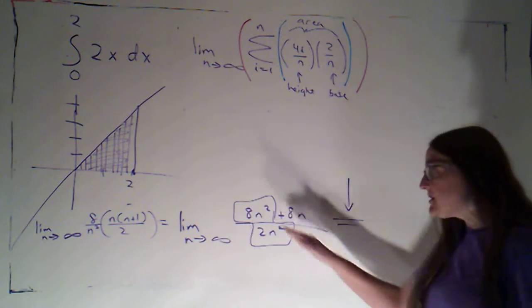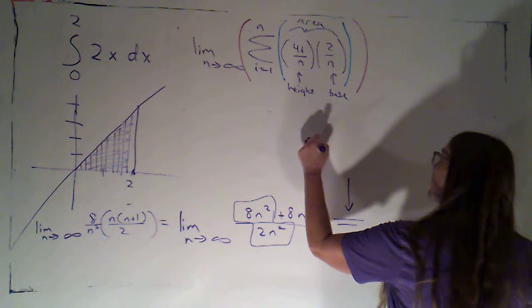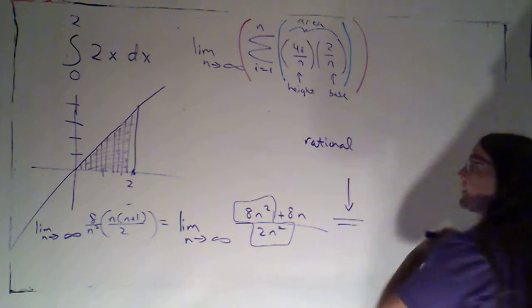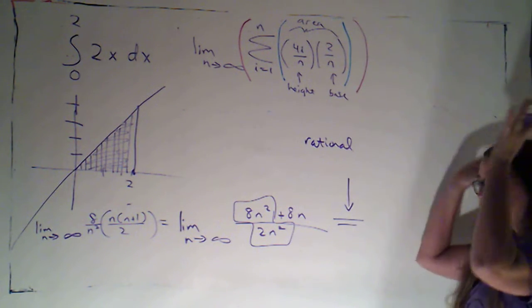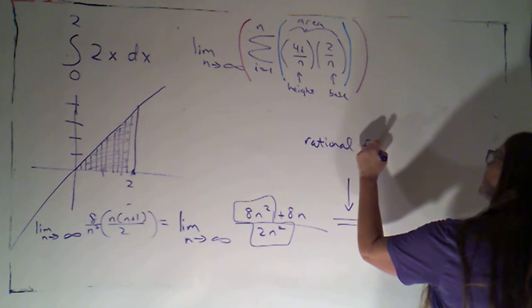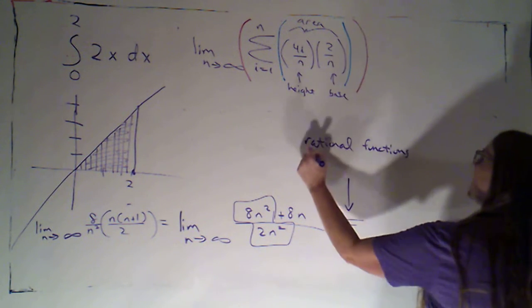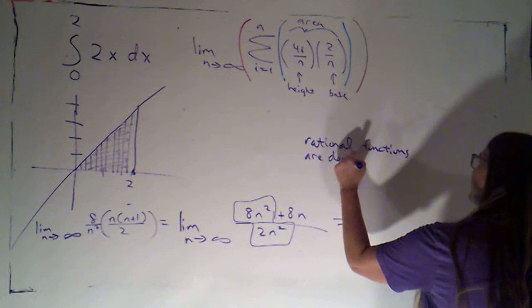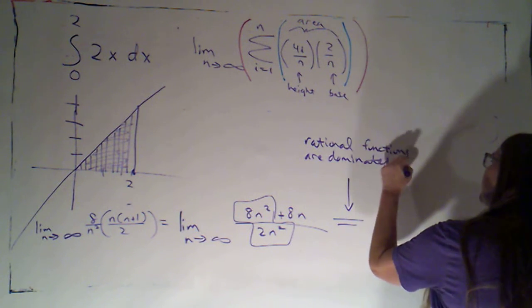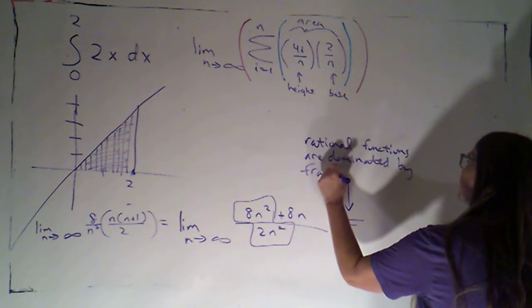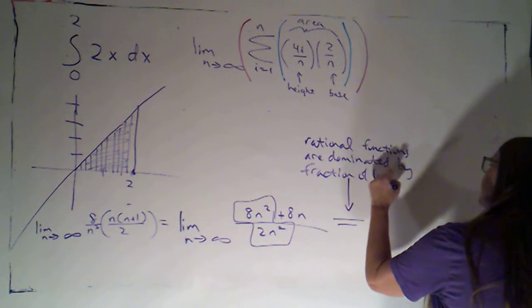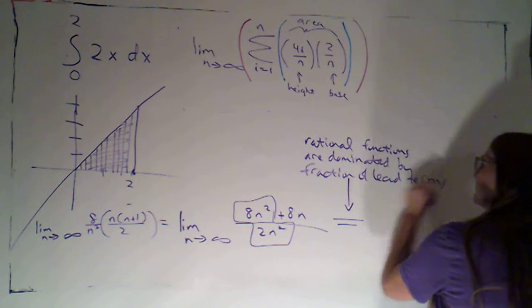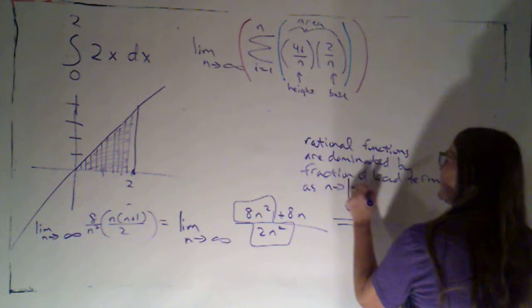But n is going off to infinity, and rational functions, whether I'm plugging in integers or any old number, rational functions are dominated by the fraction of their lead terms as n goes to infinity.